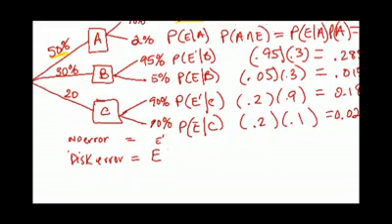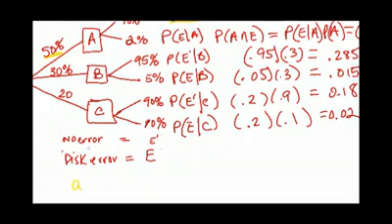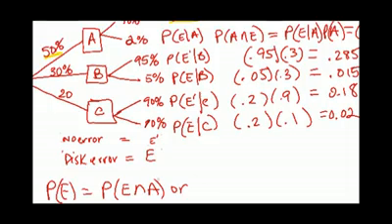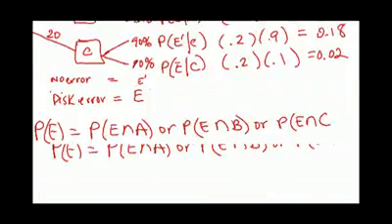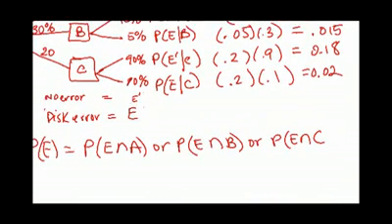Alright, so now I could ask you something like, what is the probability of an error of a CD? So the probability of error would be the probability of error and A, or the probability of error and B, or the probability of error and C. In this case, all these ors can be replaced with plus signs, and we just found all those intersections.